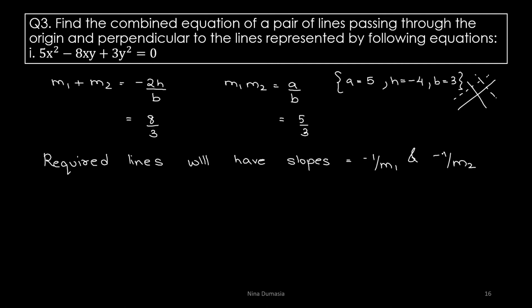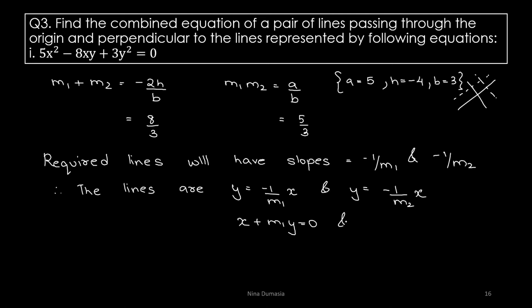Fine. So now we just have to find the combined equation of a line that has slopes -1 by m1 and -1 by m2. Therefore, the lines are y is equal to -1 by m1 into x and y is equal to minus 1 by m2 into x, which is equal to x plus m1 into y is equal to 0 and m2 into y plus x is equal to 0.